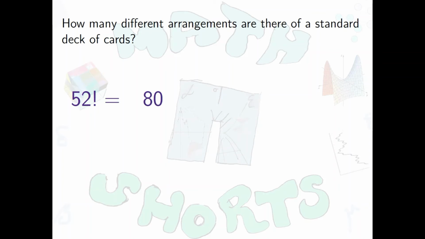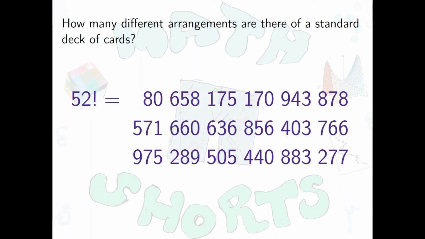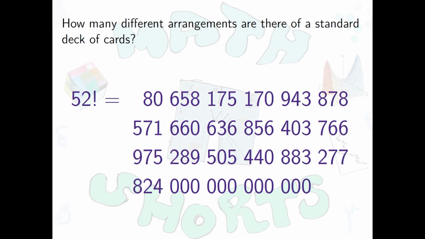And that number turns out to be this number here, which is pretty big. If I pronounce this correctly, this is 80 unvigintillion and a bit. This is an unimaginably huge number. And this is the number of different ways that a deck of cards can be arranged.